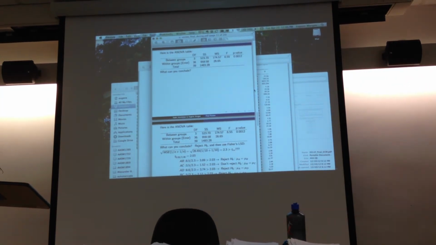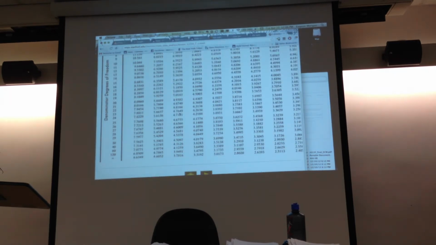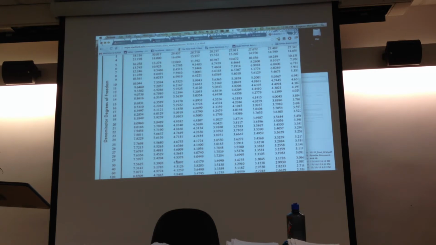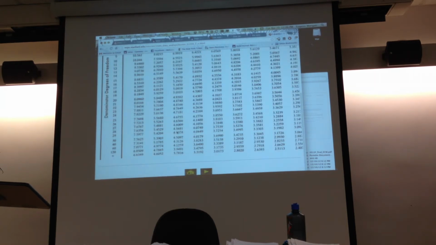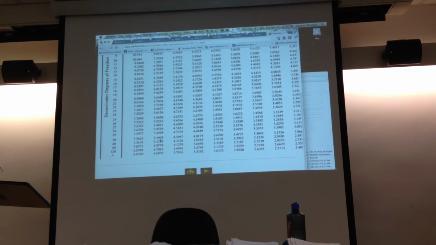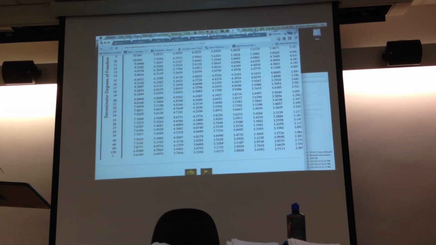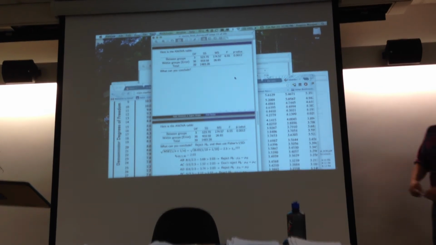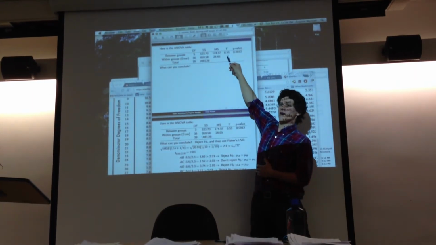So I have to go to the internet version of the F table here, but let's see, 1, 2, 3 would be the third column here. 36, so we get about 4.5 would be our threshold at the 0.01 level. And this value is definitely greater than that 4.5.